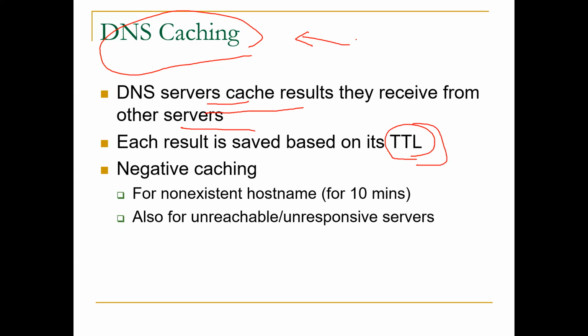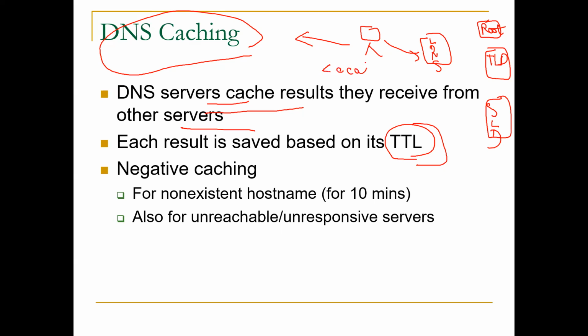Let's say we have a PC, we have LDNS, then we have root, top level domain, then second level domain, SLD. LDNS stores results in its cache. Initially, when a computer requests any domain, it will check its local cache.